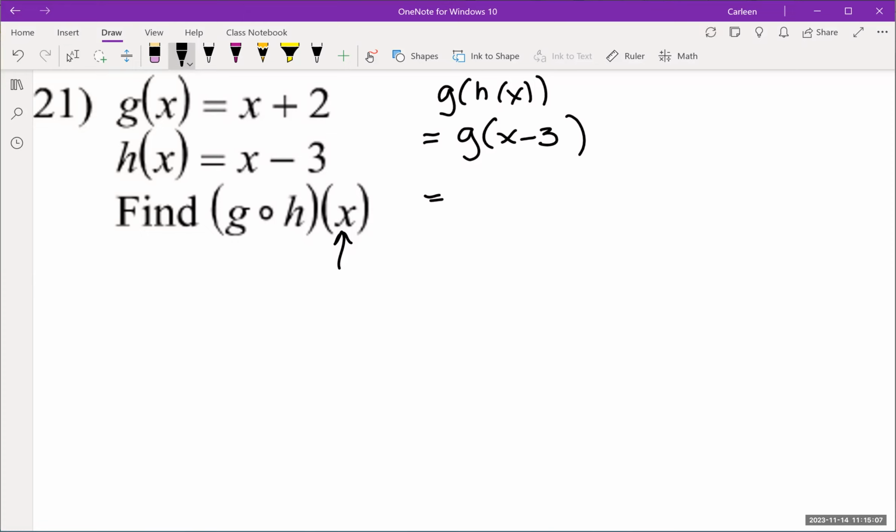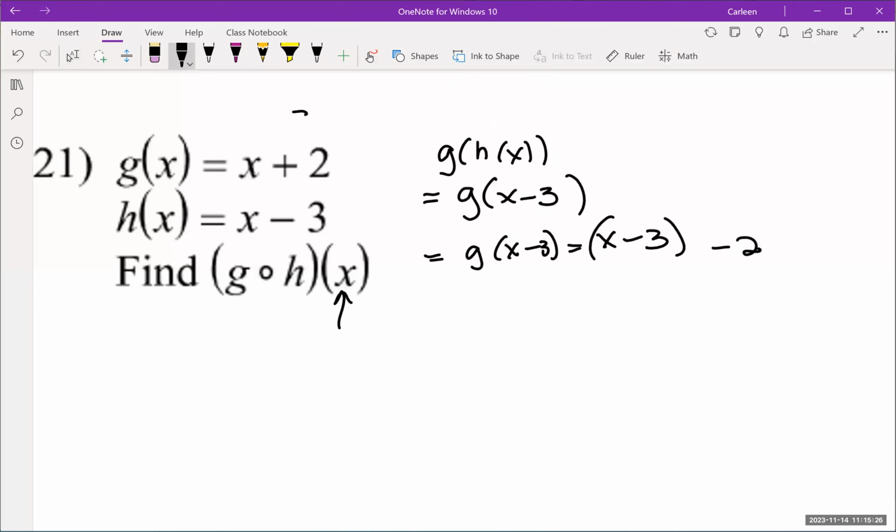So G of X minus 3 means I'm going to take G and plug in X minus 3. So see how X minus 3 went in right there.